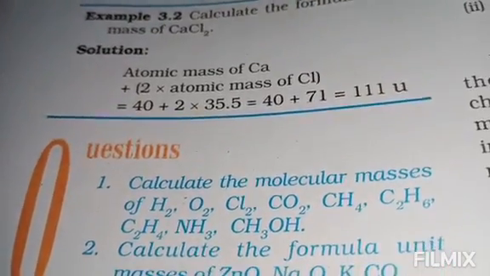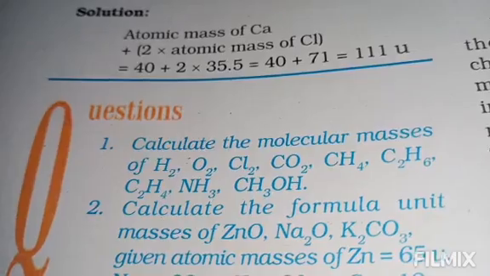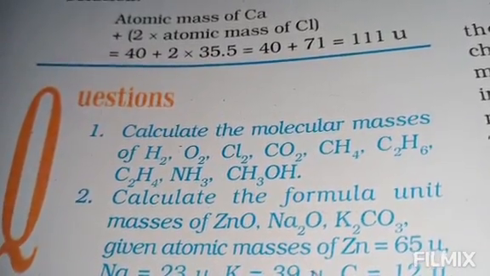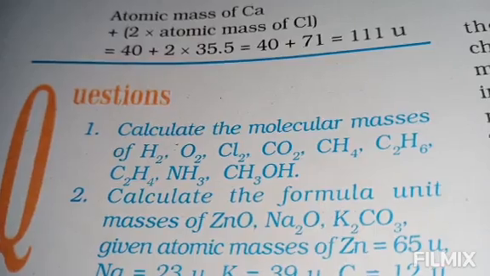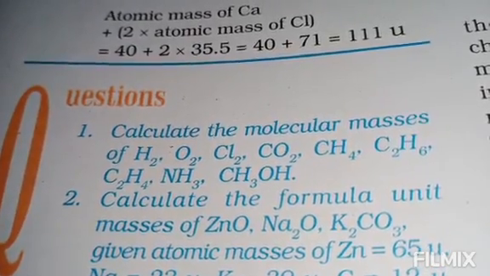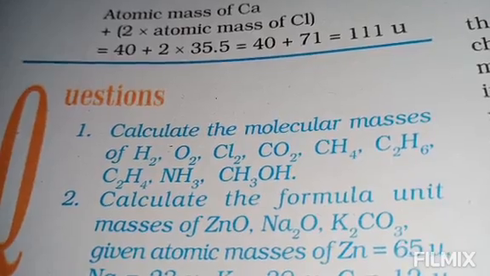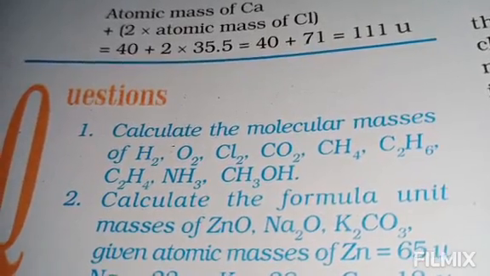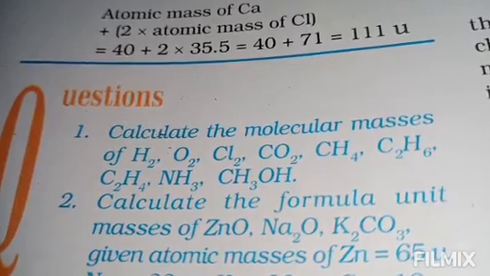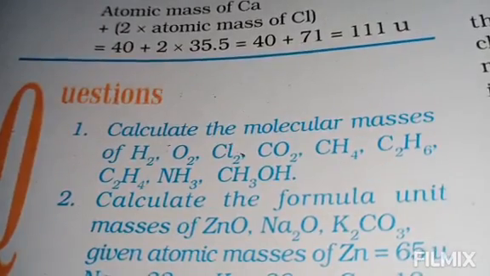Now let us see a textbook question: calculate the molecular masses of H2, O2, CO2, Cl2, CH4 and C2H6. For H2, 1 into 2 you will get 2. For oxygen we will get 16 into 2, that is 32.